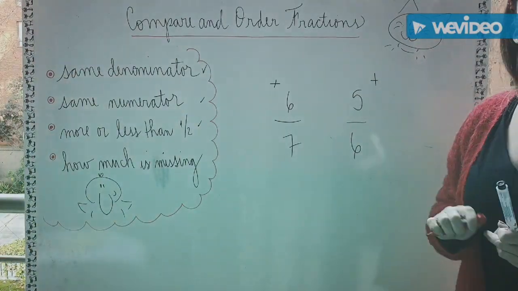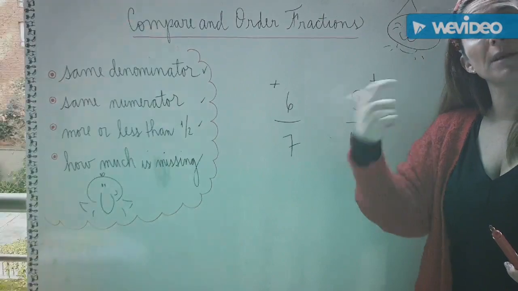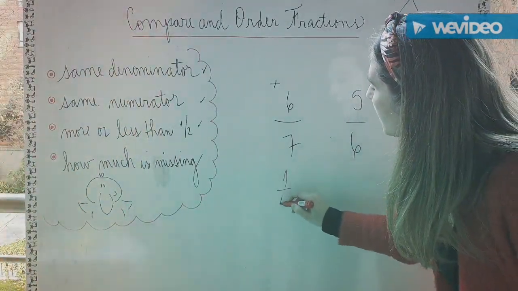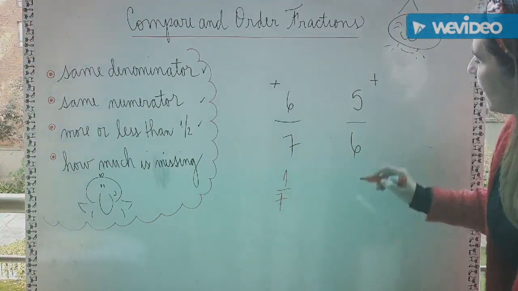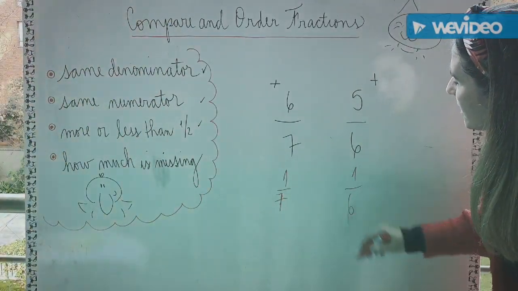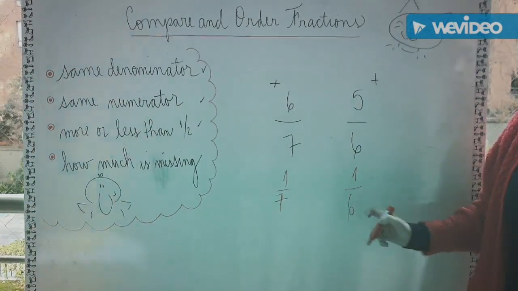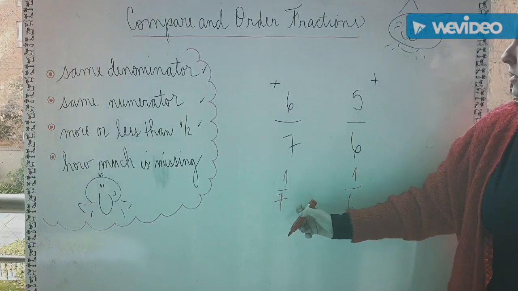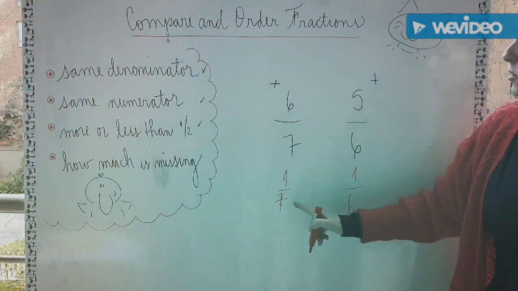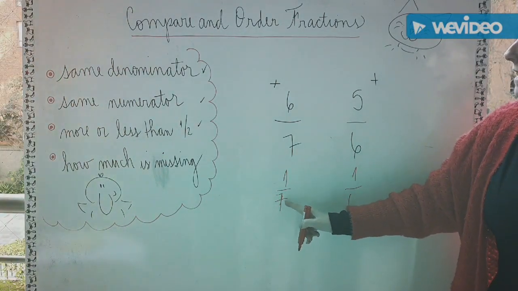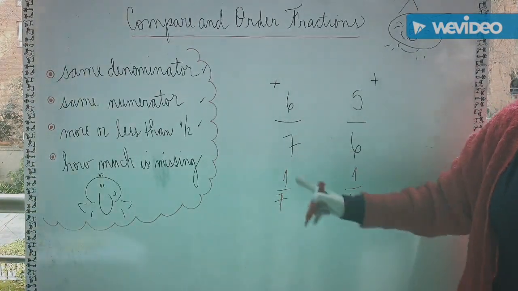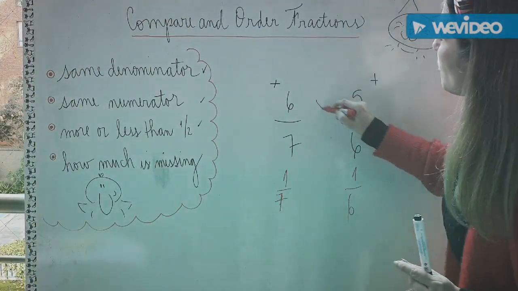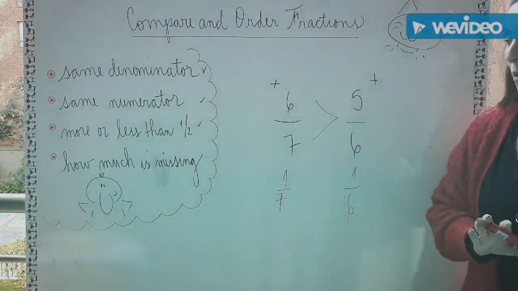What I'm going to think is, how much am I missing to get to my whole? Here I'm missing 1/7, and here I'm missing 1/6. I know 1/6 is a bigger piece than 1/7, because they have the same numerator. So I need only 1/7 to complete my whole, and since this is smaller, this is missing less. So this one is going to be the biggest, okay?